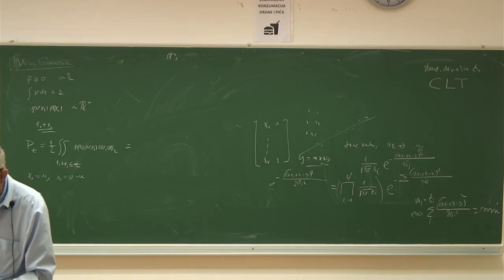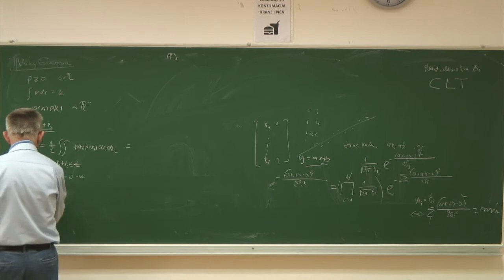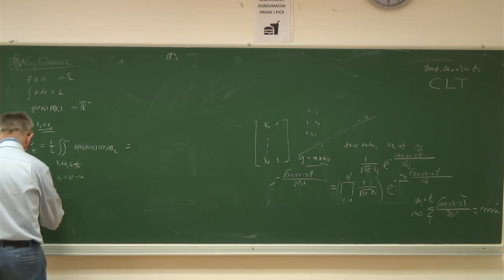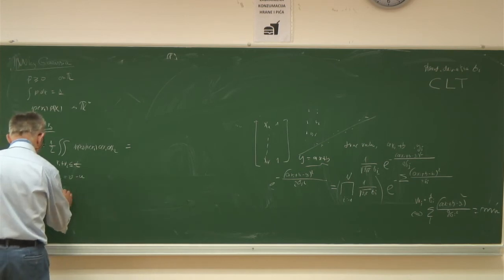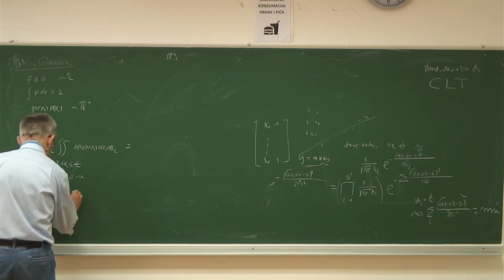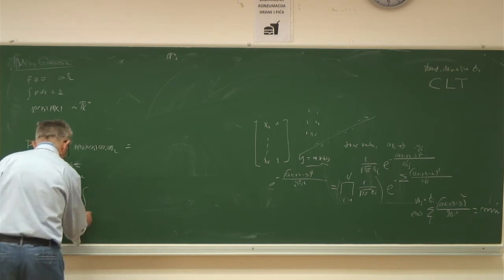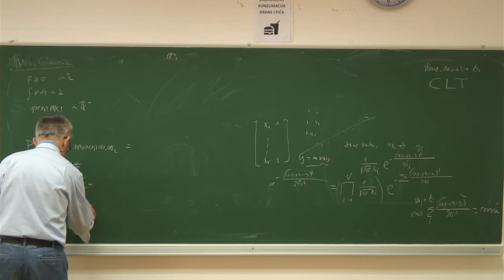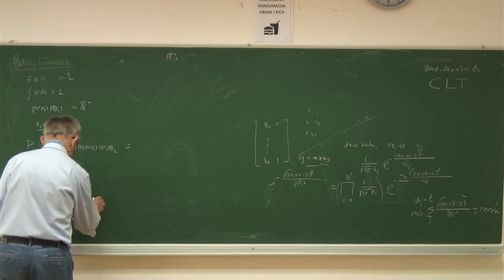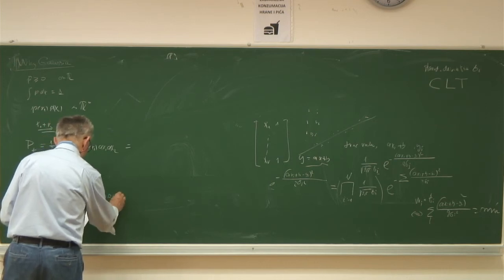So dx1 dx2 will be equal to du dv, roughly speaking. So now, by changing the variables, we have the integral over du over everything, and then the integral from minus infinity to t of p(u) p(v minus u).